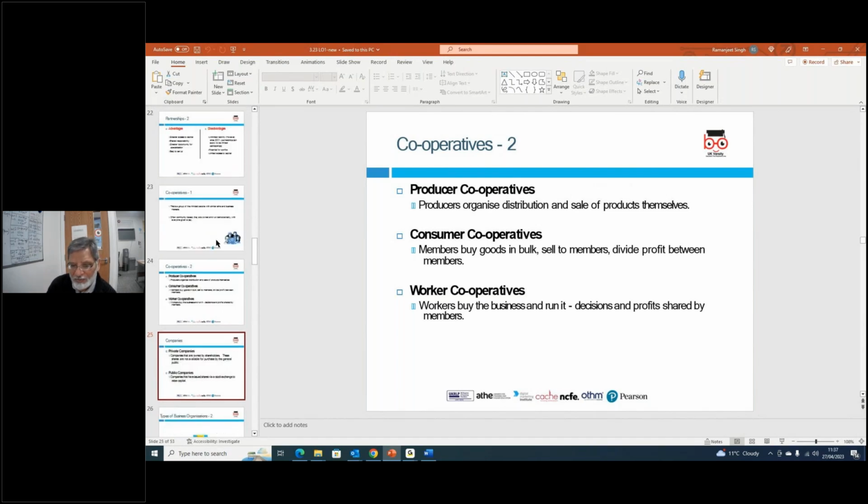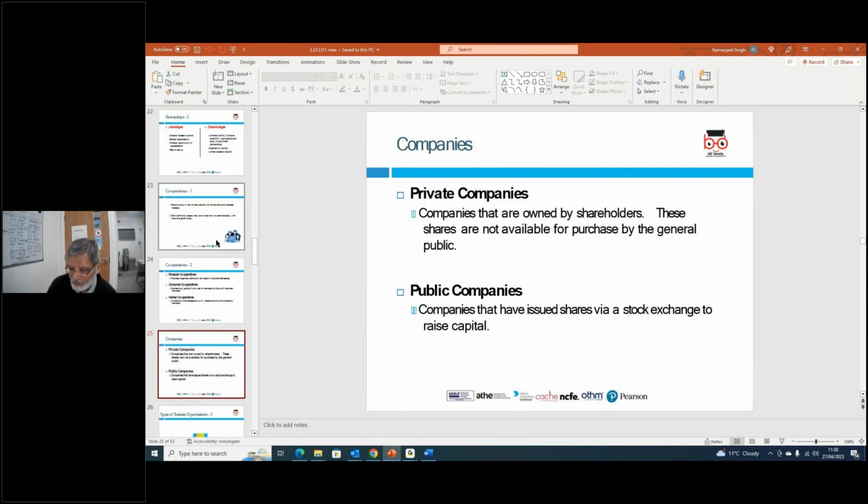Then there are companies, private and limited companies. We said there are private companies and public limited companies. Private companies are owned by the people who form them. For example, UK Versity is an example of a private company.